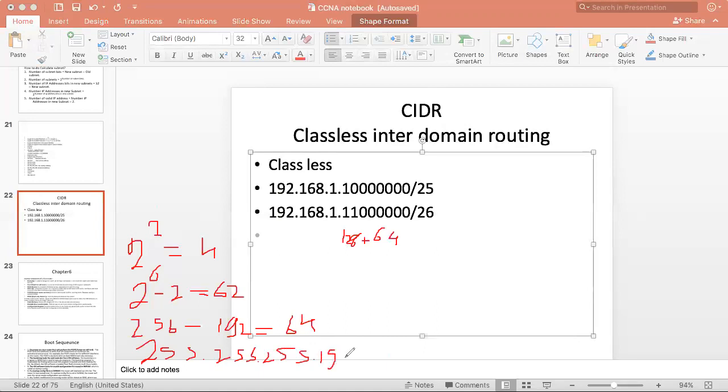In the previous example, there were two confusions. One is, I do not remember how this 256 came into this formula. 256 is by default, because any IP address will go from 0 to 255.